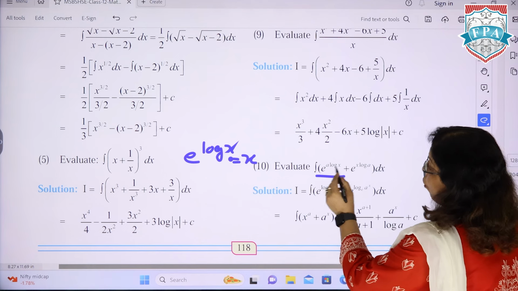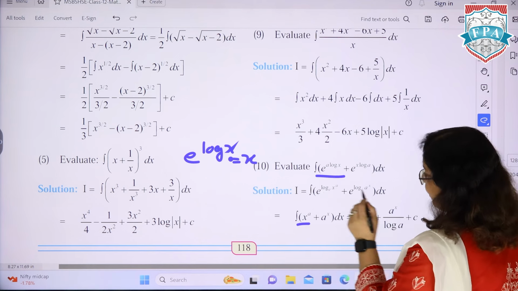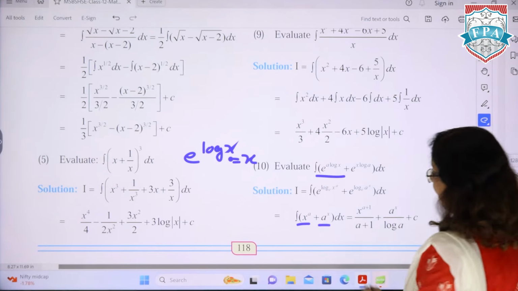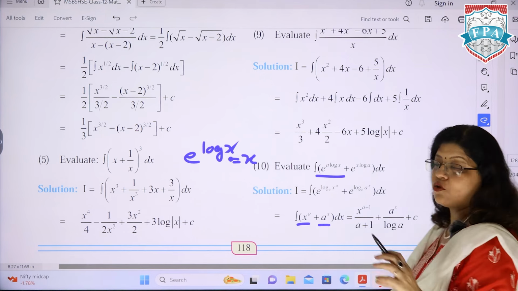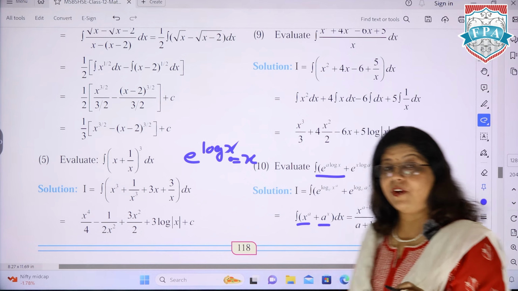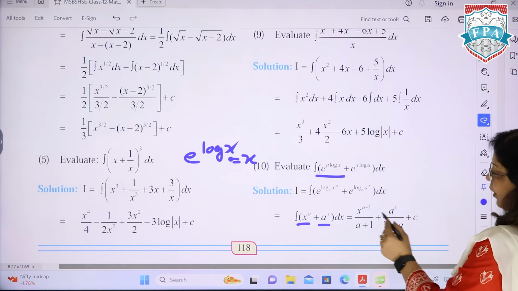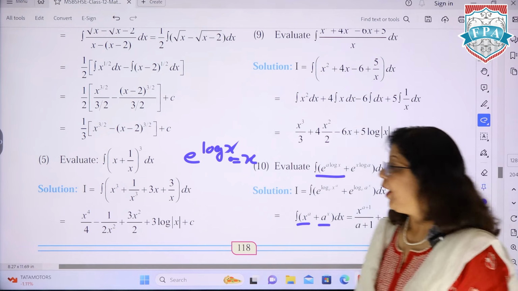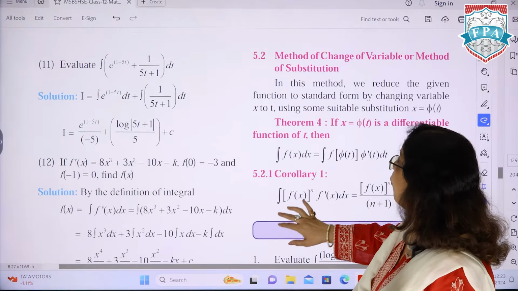So e to the power of a log x converts to x to the power a, and e to the power of x log a becomes a to the power of x. Then we apply the formula: x to the power n, instead of n we have a. So x to the power a plus 1 upon a plus 1, plus a to the power x by log a, plus c. So this is the first kind of question which you will come across.